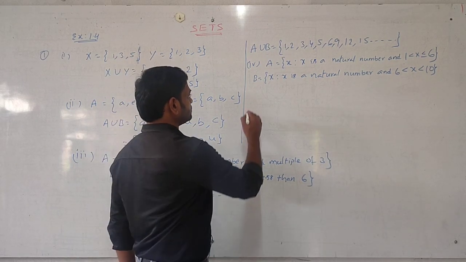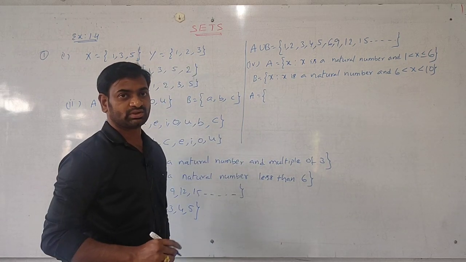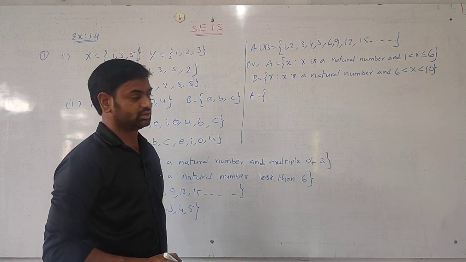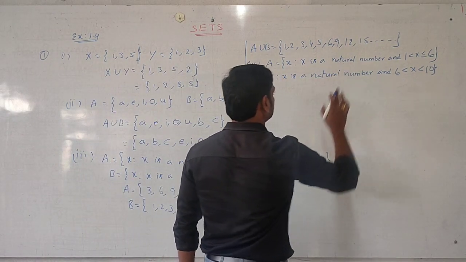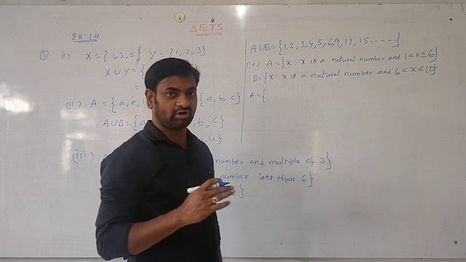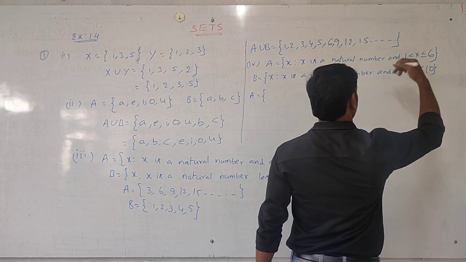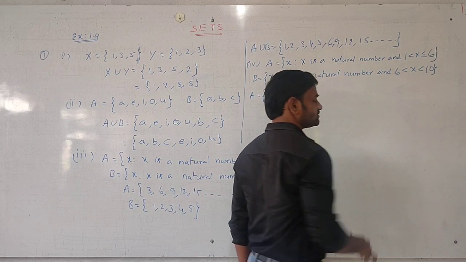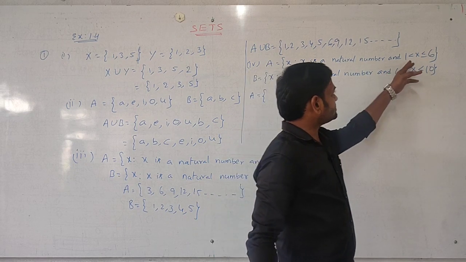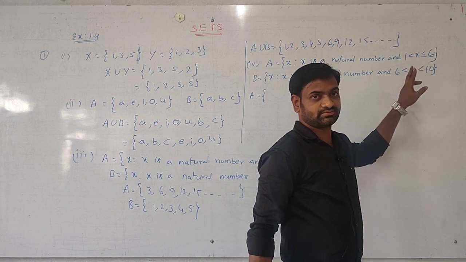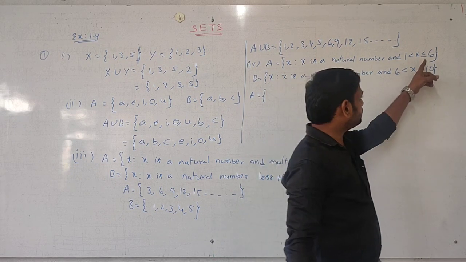First we have to convert into the roster form, later we have to find A union B. So what is A? x such that x is a natural number, so natural numbers start from 1, 2, 3 like that. But the condition given is: it is above 1, below 6, and equal to 6 also.